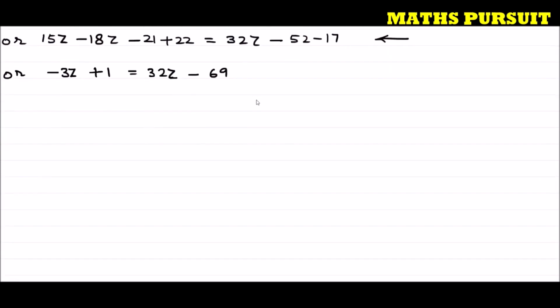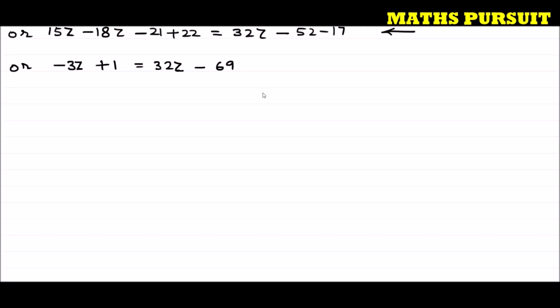Or I can write minus 3z is equal to 32z minus 69 minus 1. What am I doing here?